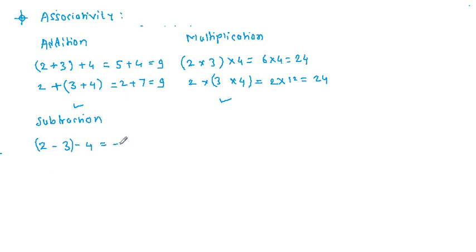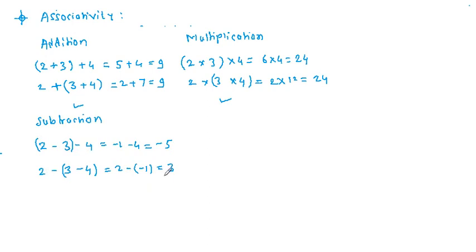So 2 minus 3 is minus 1 and minus 4. So minus 1 minus 4, we get the answer minus 5. Now take the same example, but we will group here the second number and third number. So how to solve 2 minus, first solve 3 minus 4, so minus 1. So 2 minus minus 1, we get the answer 3.